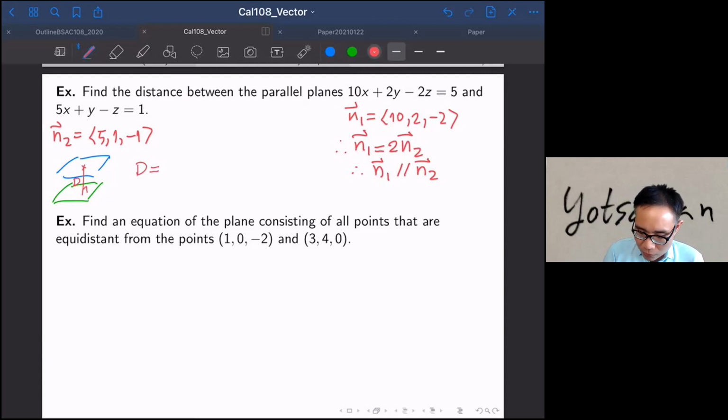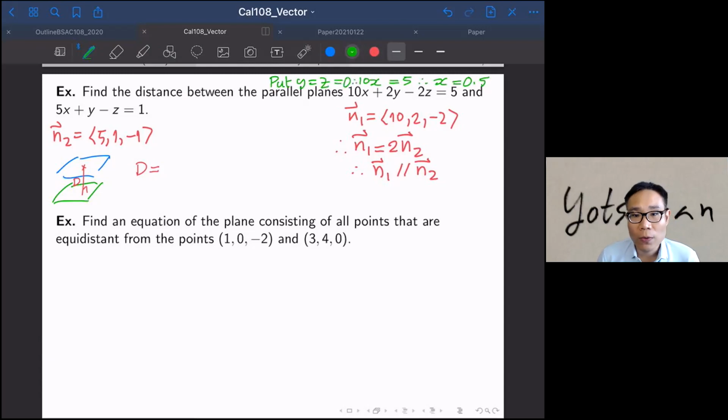So if you have y equal to 0 and z equal to 0, what is x? You have 10x equal to 5, so you would get x equal to 0.5.